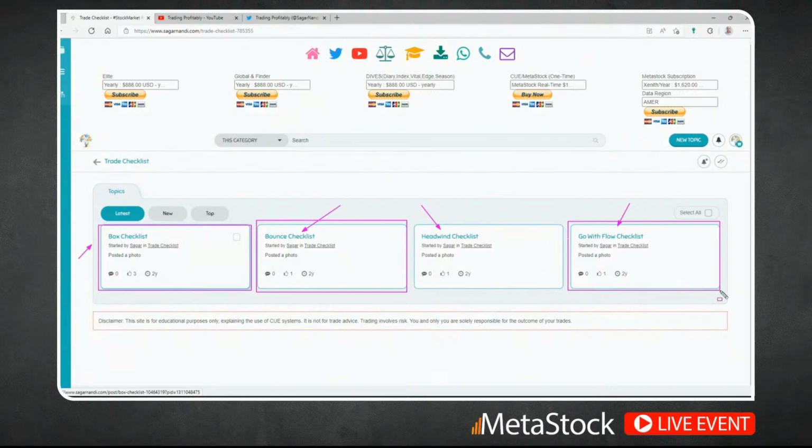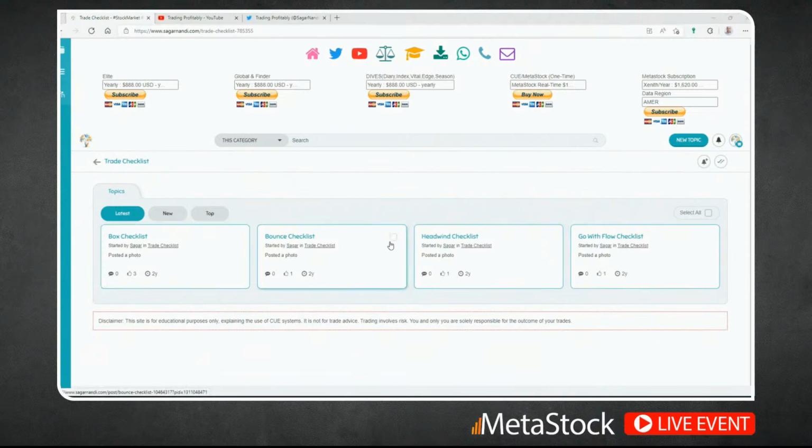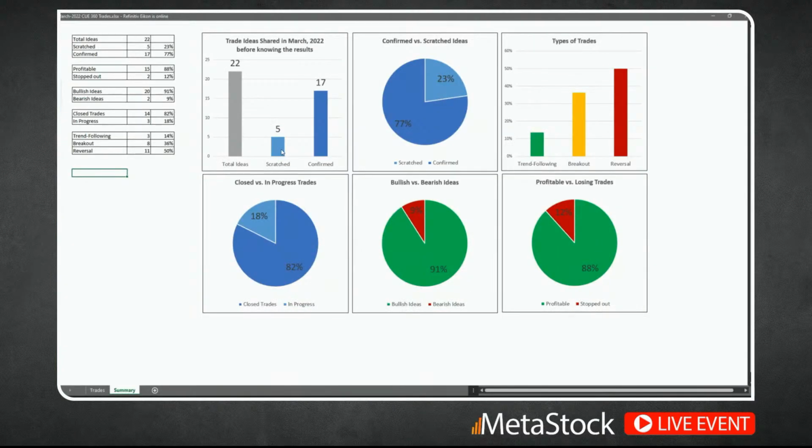Now they have unambiguous checklists, and the checklists are to be applied near the market close. Scratched idea means that I anticipated a possible trade during the day and shared it, but at the close, it did not confirm when I applied the checklist.